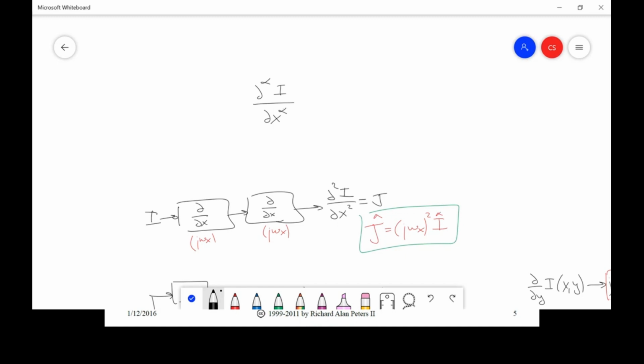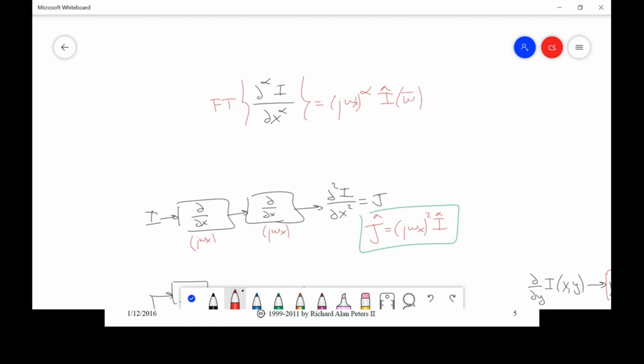So alpha, this is the Fourier transform of this. It is j omega to the alpha, j omega x to the alpha, let's write the vector.